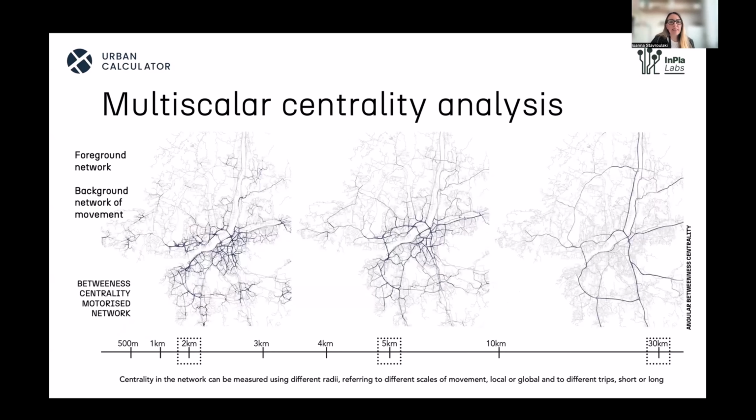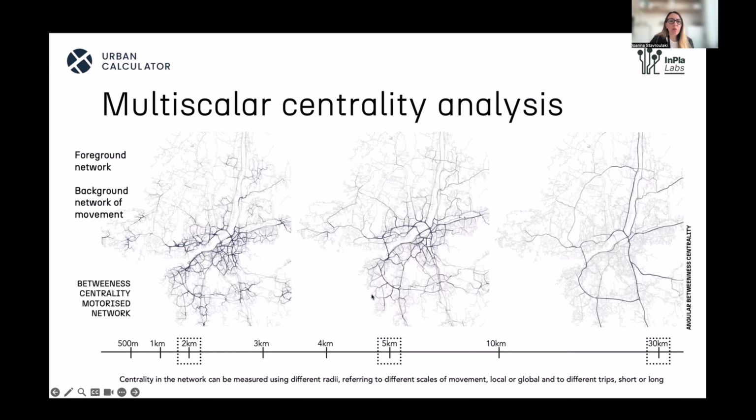We do this analysis in different scales, from local scales to regional scales. You see on the left, for instance, the Gothenburg motorized network analyzed for the regional scale of 30 kilometers. And there you see that the most central roads that pop up are, of course, the highways. So we see the highway structure.